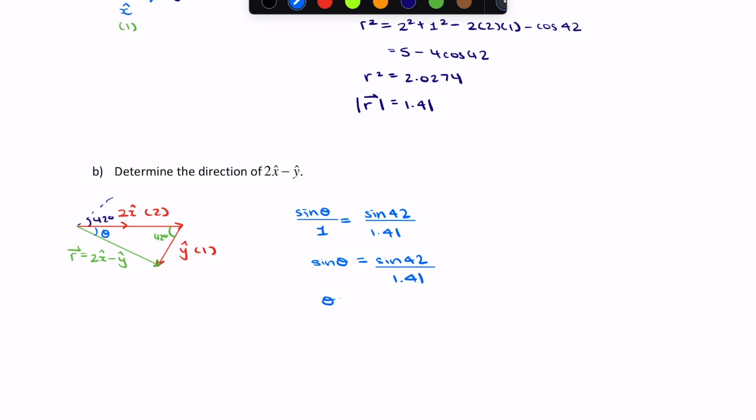And so theta is equal to 28.6 degrees. We can write that it is clockwise of 2 vector x.